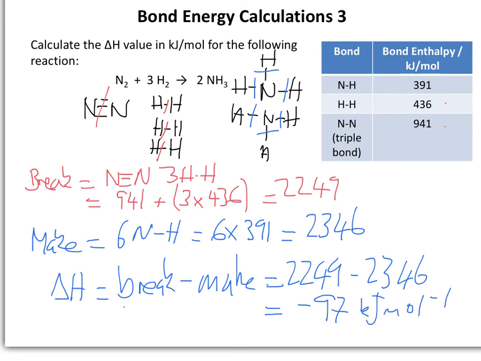And again, the examiner might say, well, is this exo or endothermic? Well, it's exothermic because it's negative. Why is it exothermic? Because the energy absorbed when the bonds were broken is less than the energy released when the bonds were made, so overall energy is released. And they might then say, draw yourself an energy profile diagram.